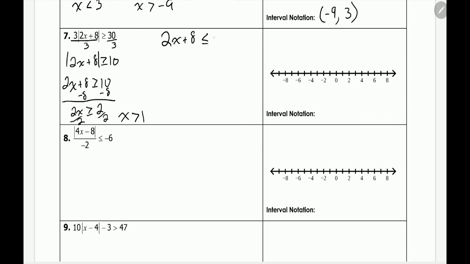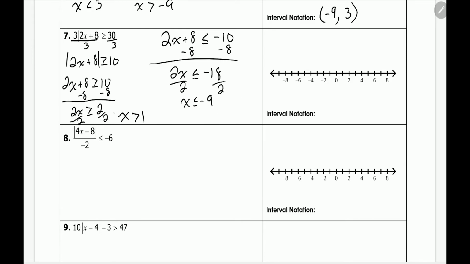We flipped the symbol and changed the sign. We subtract 8 from both sides. That leaves us with 2x is less than or equal to negative 10 minus 8, which is negative 18. Divide by 2. We're left with x is less than or equal to negative 18 divided by 2, which is negative 9.